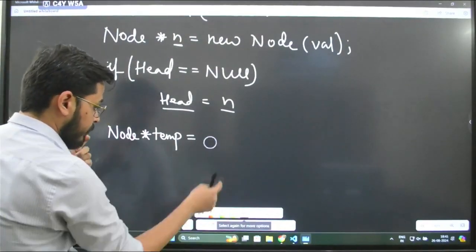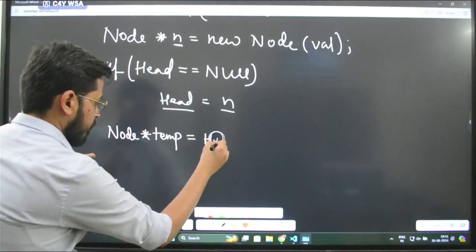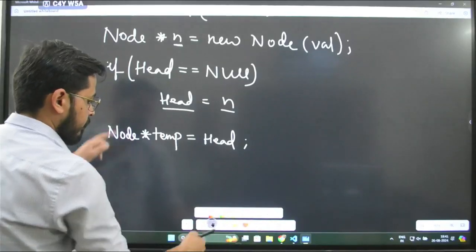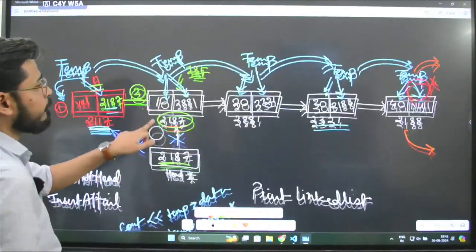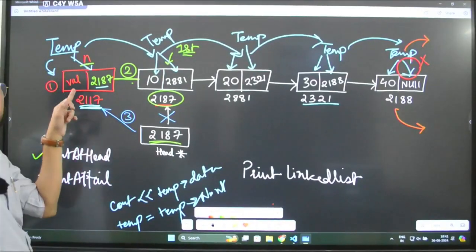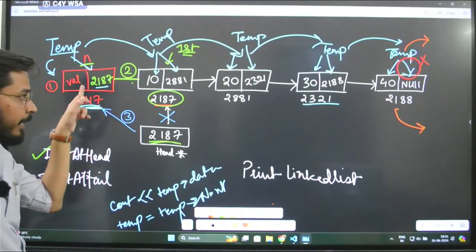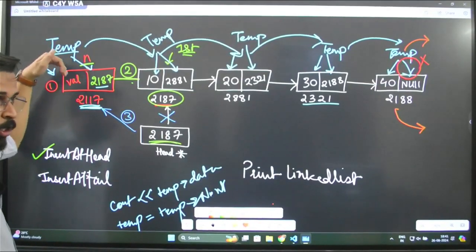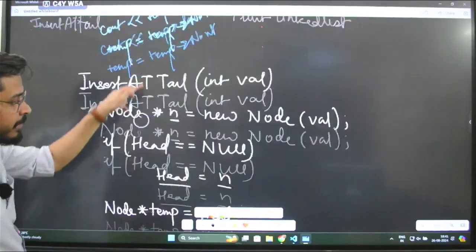This has to be head in this case. So node star temp will start from the head, and when it starts from the head, what happens? It will point here.